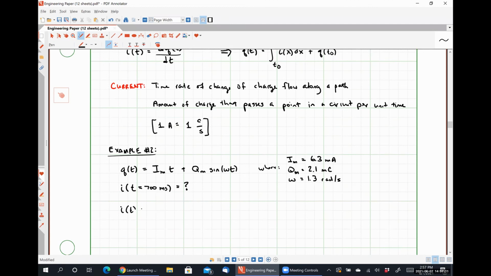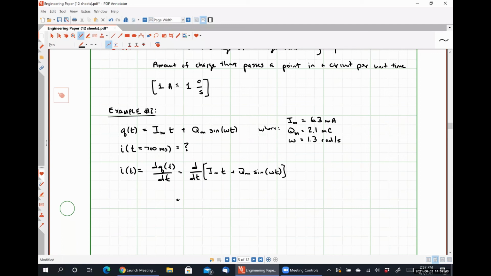So we could say that I of t is equal to dq by dt. So that's going to be d by dt of Im t plus Qm sine omega t.